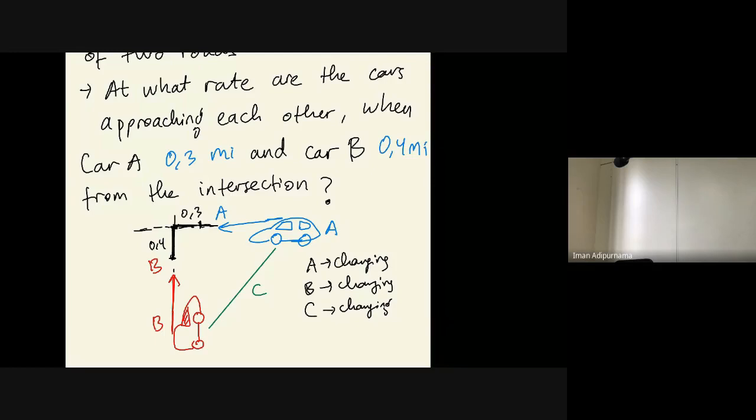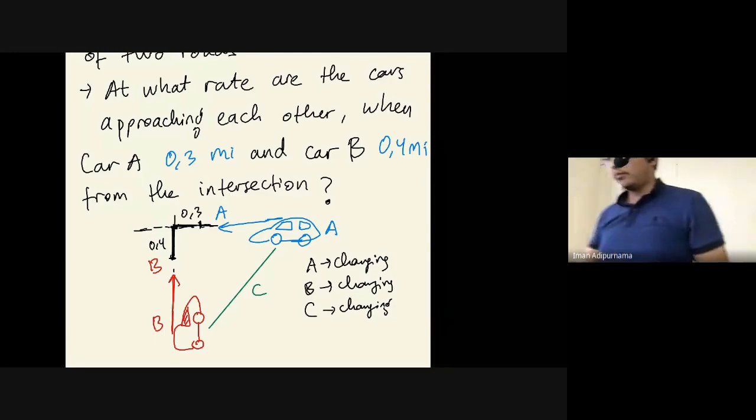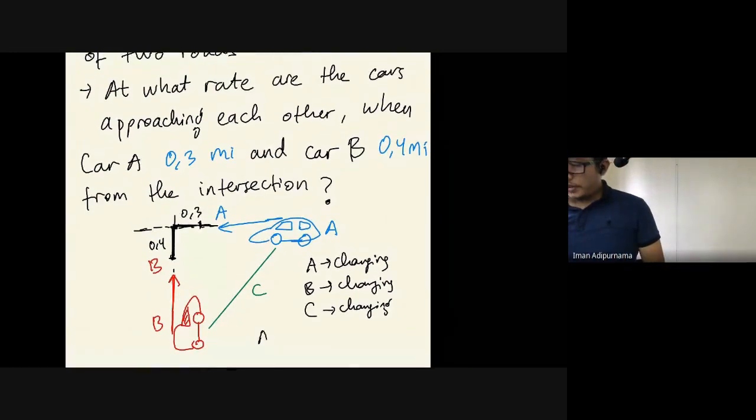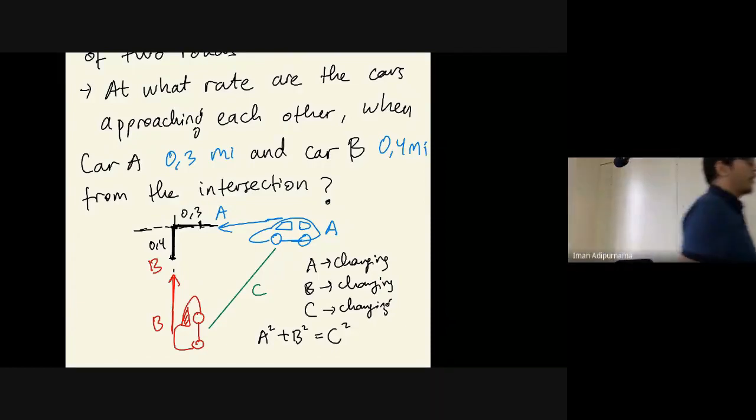For a triangle, I think it's best to use this as your relation. As A is changing, B is changing in length, C is also changing. And if you are thinking of the Pythagorean, we can include this in our calculations.